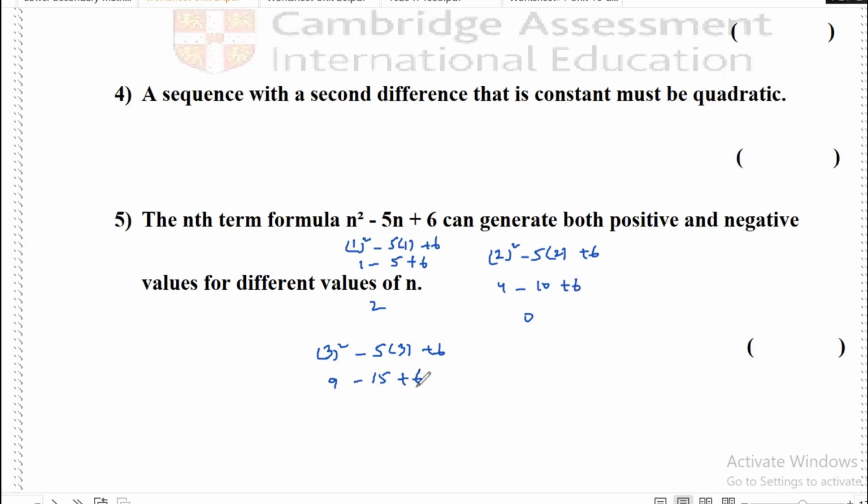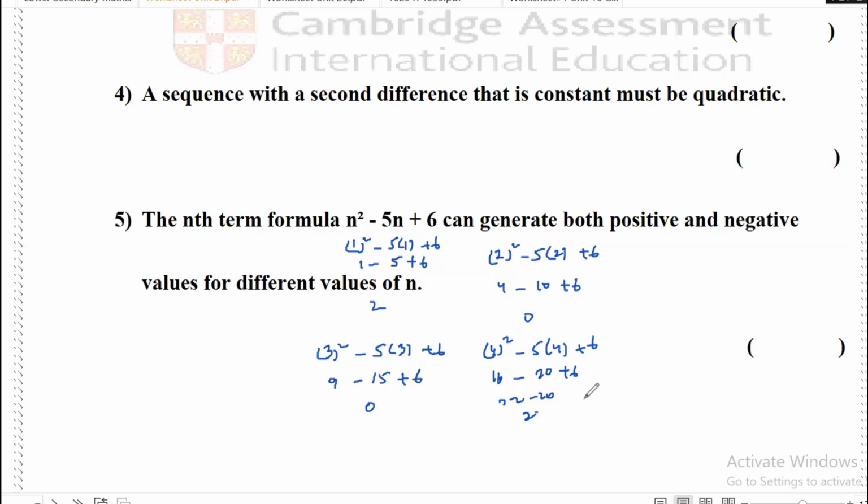So 9 plus 6 is 15, 15 minus 15, 0. And if I check at 4, till now I'm getting positive numbers or zero. 4 square minus 5 into 4 plus 6, 16 minus 20 plus 6. So 16 plus 6, 22, 22 minus 20 gives me 2.